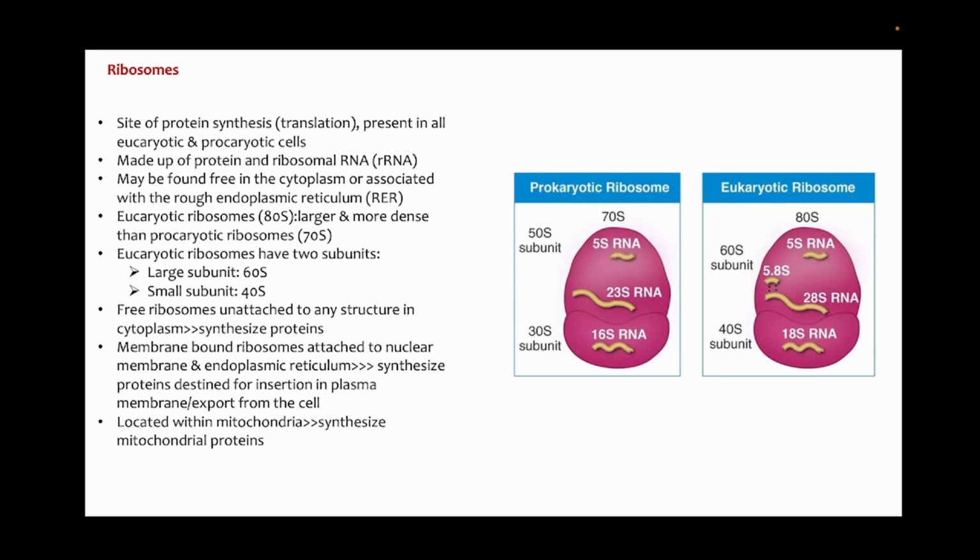Then this is the 16S that we use as a standard for bacterial identification. Okay, so the main function is, of course, to synthesize proteins. It is also available in mitochondria, and this is to synthesize mitochondrial proteins.